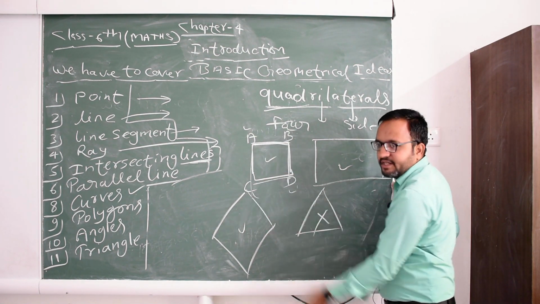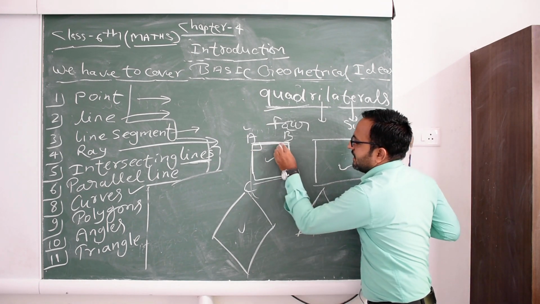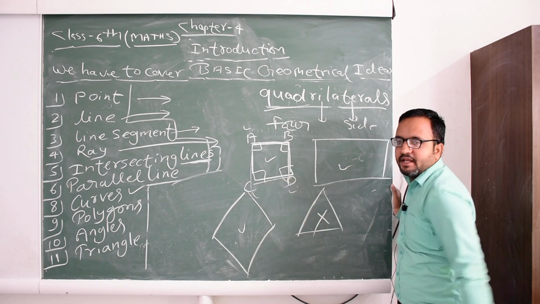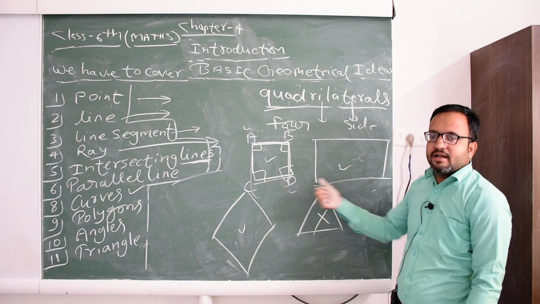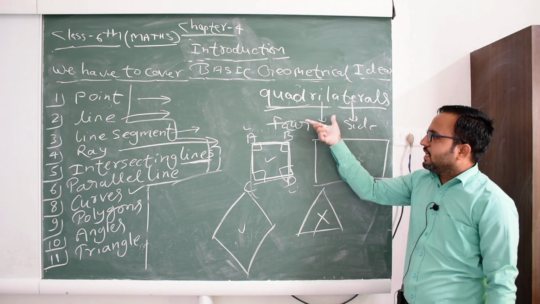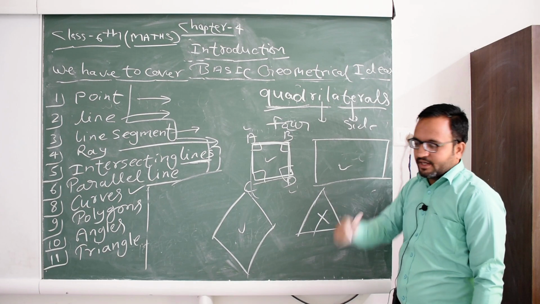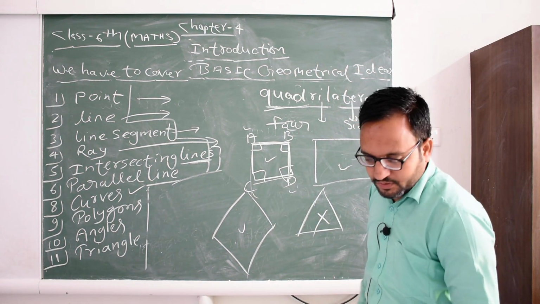AB, BC, CD and AC are your sides, and angle A, angle B, angle C and angle D are your angles. So this is a quadrilateral. A minimum of four sides is required in the case of quadrilateral. Okay, so this is quadrilateral theory.